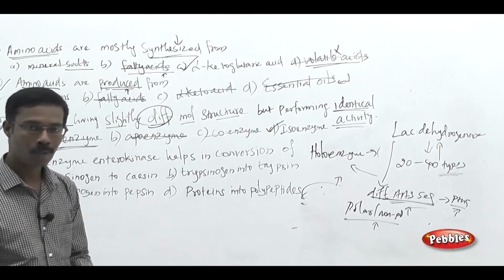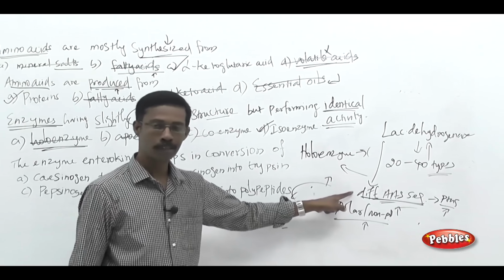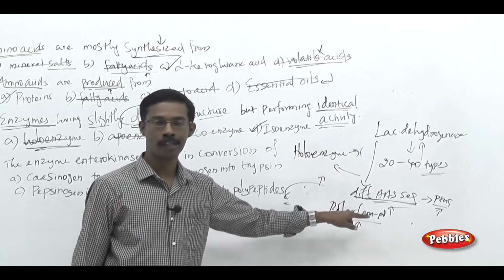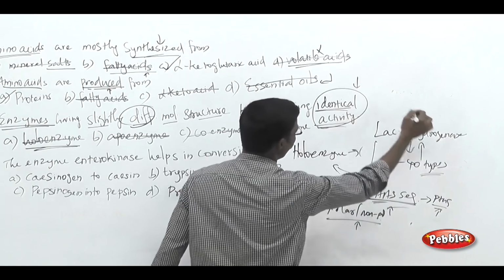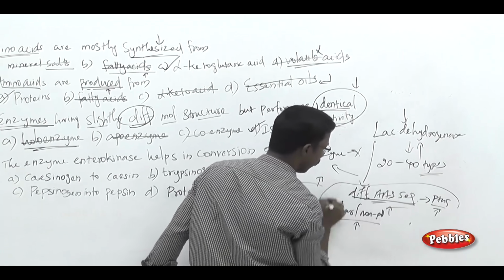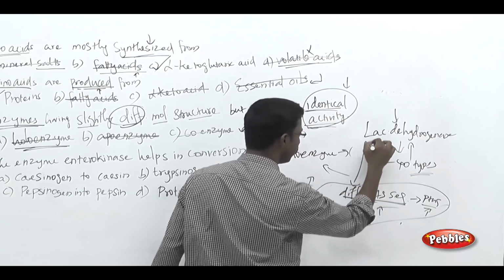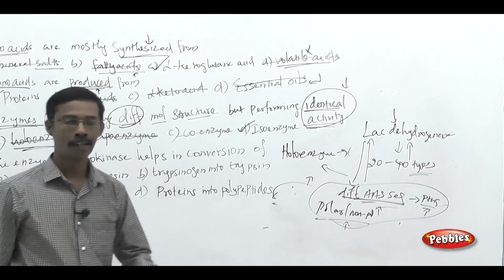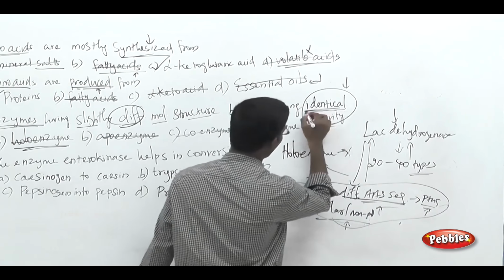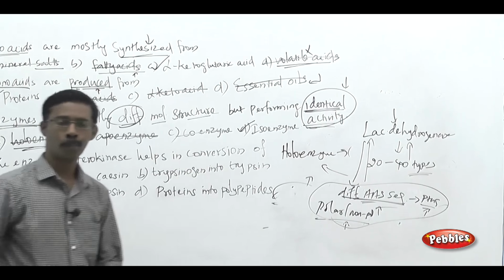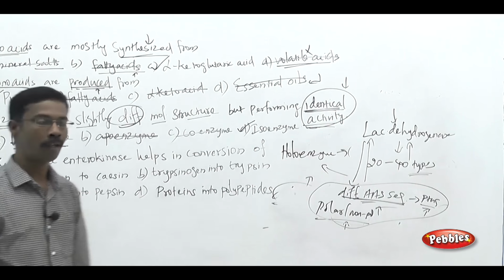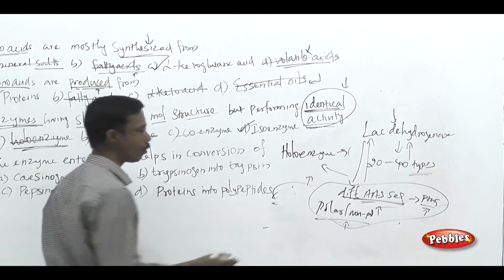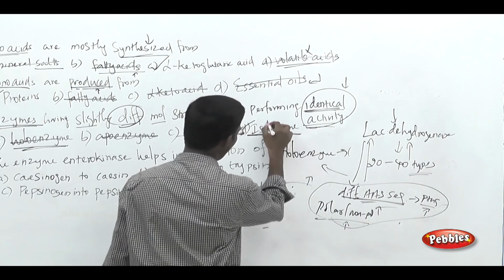Over here, what you have to remember: different amino acid sequence, different structure, but identical activity. All these structures have the same function, identical, not similar. You have to remember the term identical. This group of enzymes is called isoenzymes.